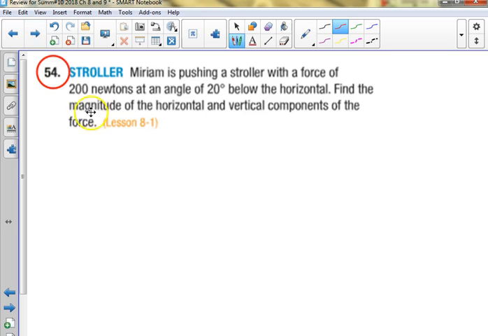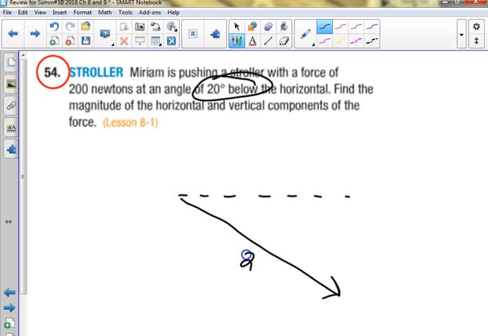This is the same question with 200 newtons, not the same question. What's going to be different here? Anybody reading this? It says below the horizontal, 200 newtons.